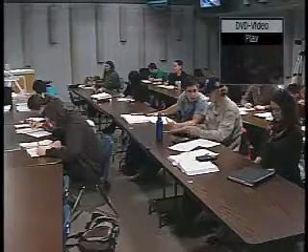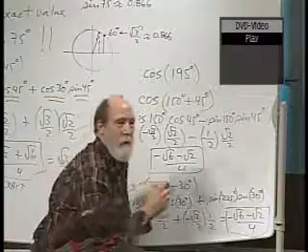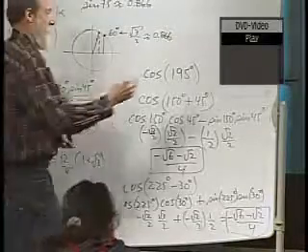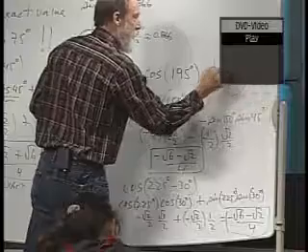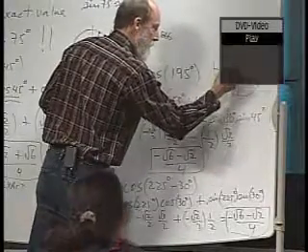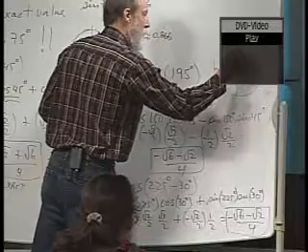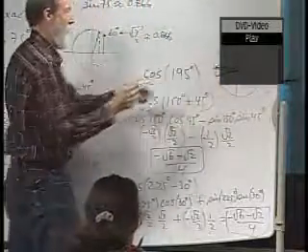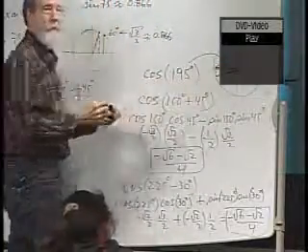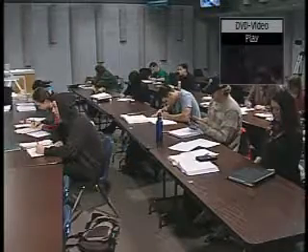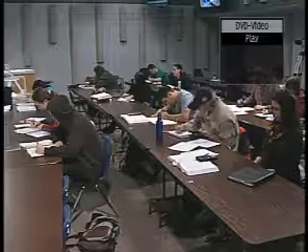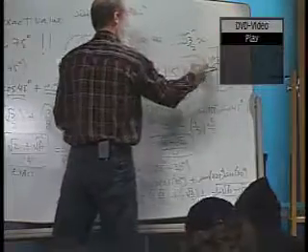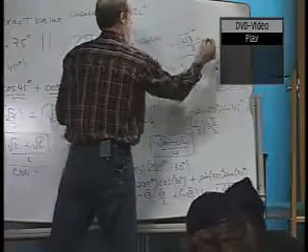Done. So you should be getting an answer more negative than minus square root of 3 over 2, I believe.